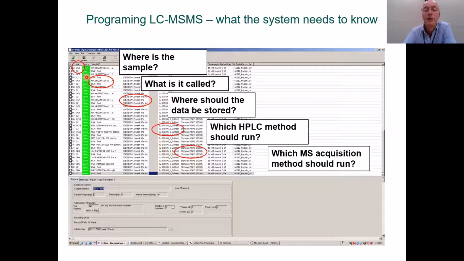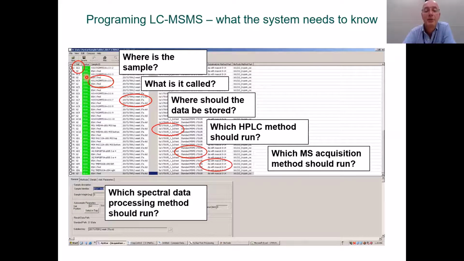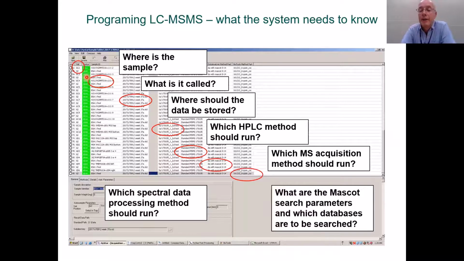When the data emerges from the mass spec, it needs to be processed, so we need to do spectral processing. I'll explain how that works in a minute. And then finally, we have a database that we want to search, so we have to specify which parameters we're going to use in our search, and also which databases are going to be searched.